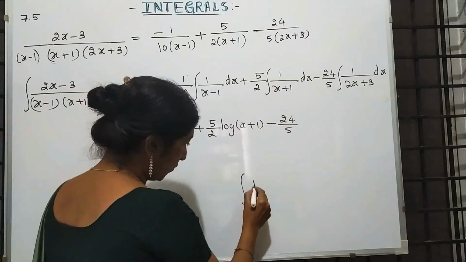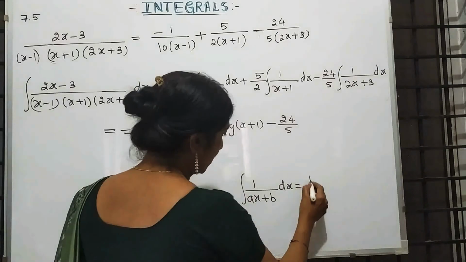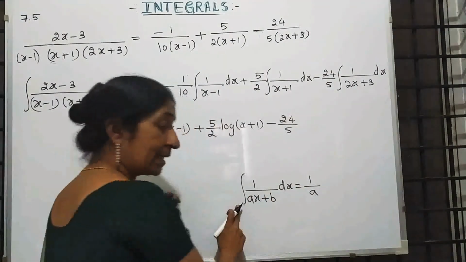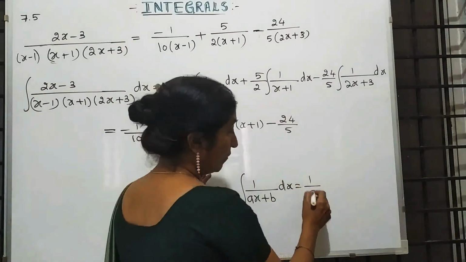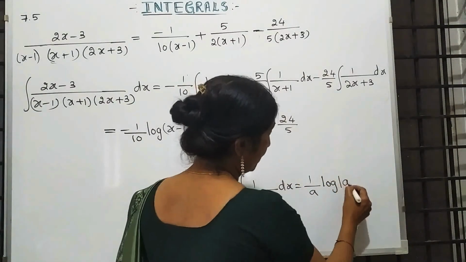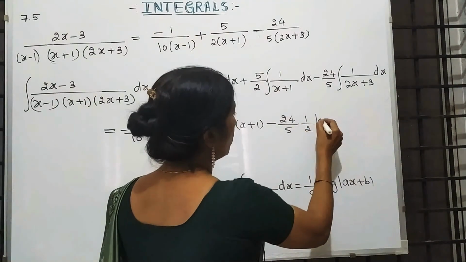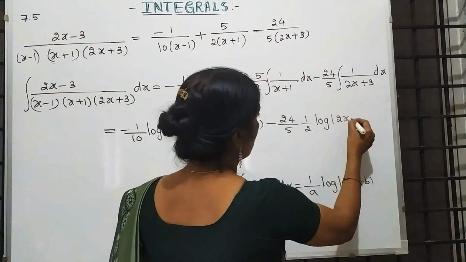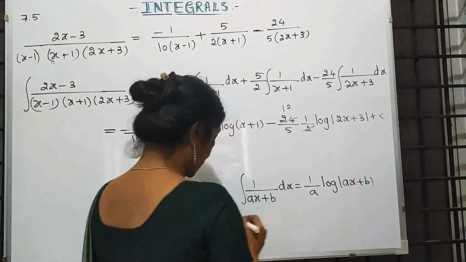It is in the form of integral of 1 upon ax plus b into dx, that is 1 by a. It is a linear expression present in the denominator, so the coefficient of x gives 1 by a log of ax plus b. It is 1 by 2 log of 2x plus 3. Here cancellation, go for that cancellation.